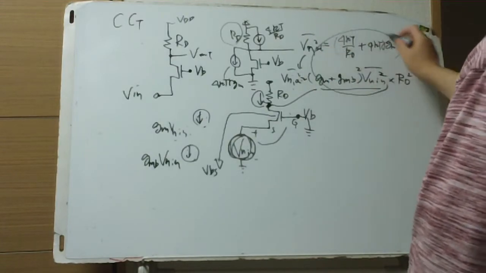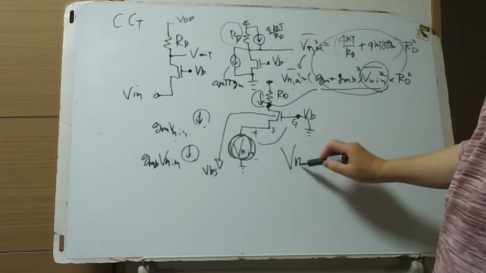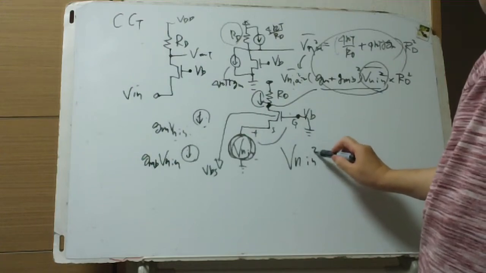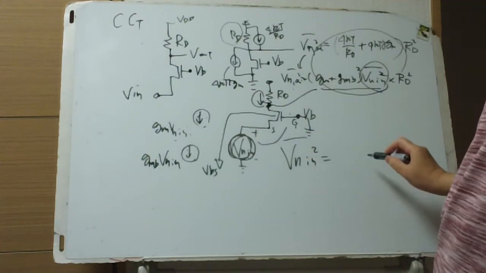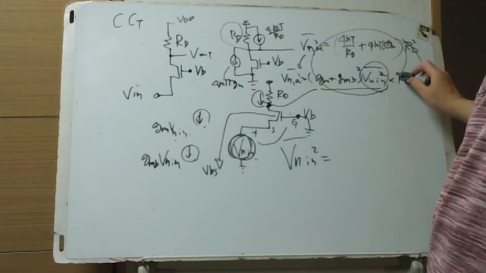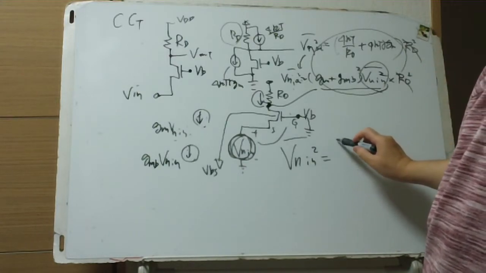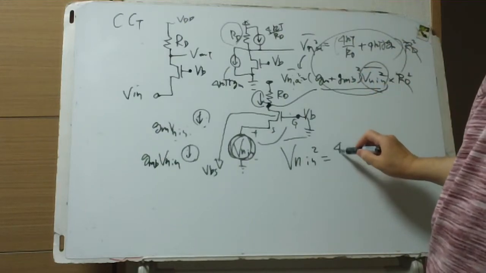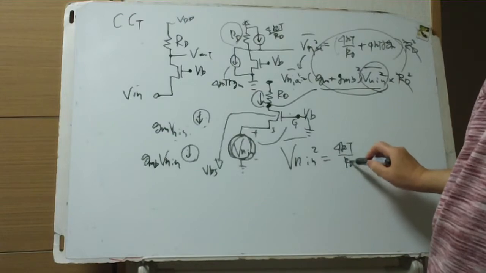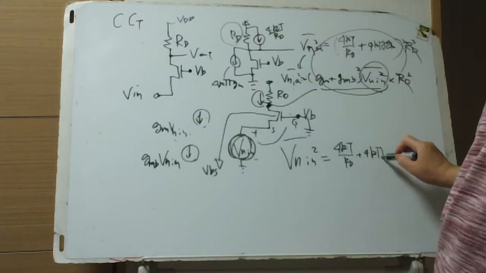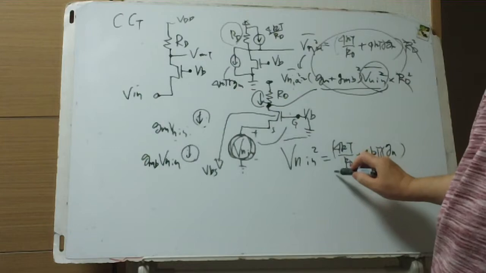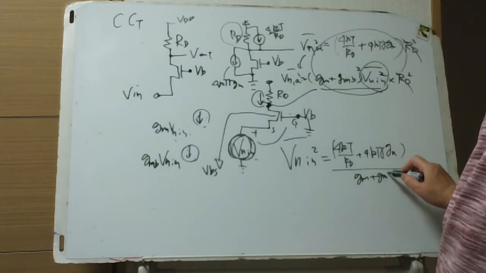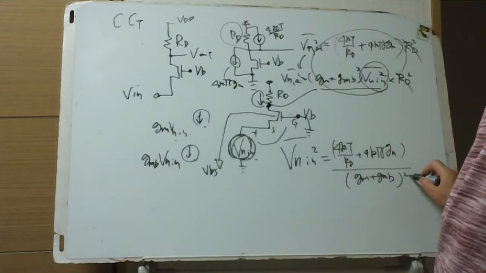So equating this, the input referred noise of the common gate amplifier: RD is cancelled, and 4kT divided by 4kT RD plus 4kT gamma gm, divided by (gm plus gmb) squared.